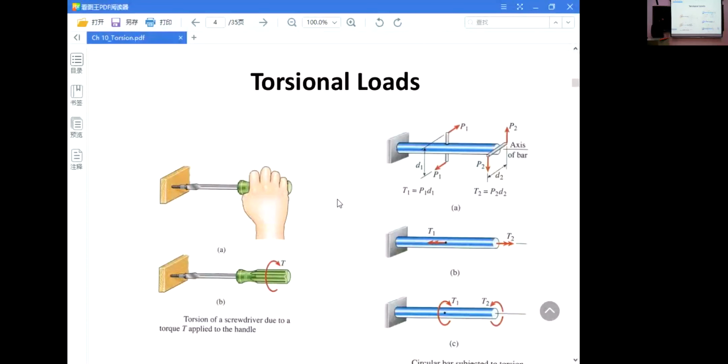We can draw it like this, and it's also a torque. They express the same thing. And we have two ways to draw a moment, the curved direction. They are the same thing.